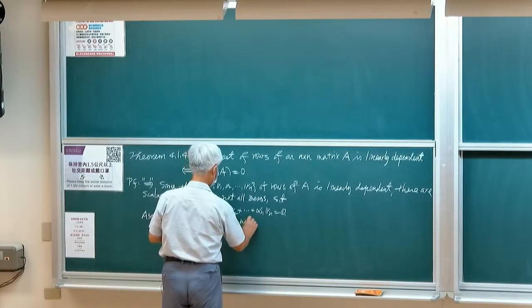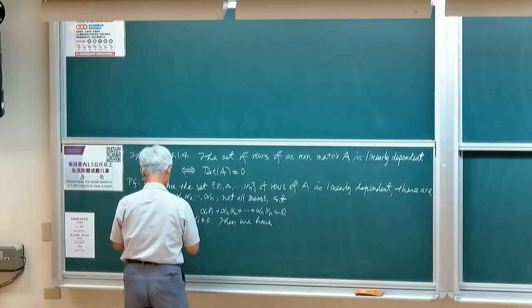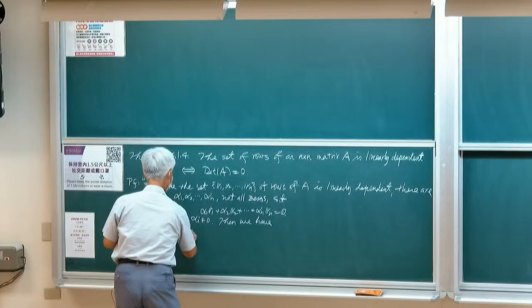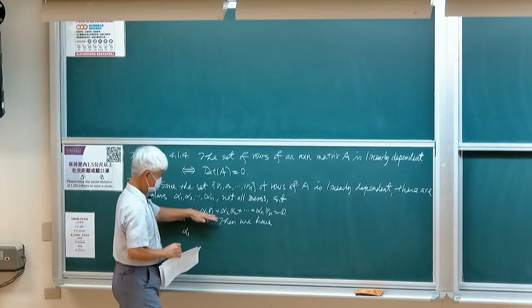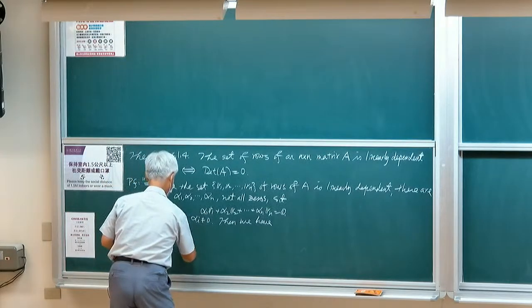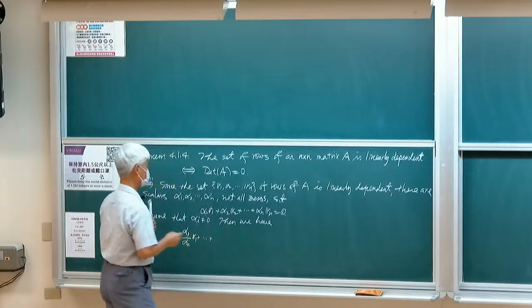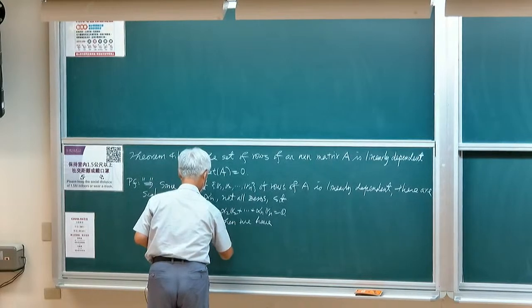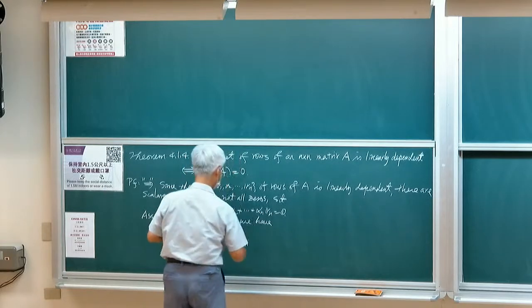Then we can divide the linear relation by alpha i. In this way, we can turn the coefficient of r i to be 1.